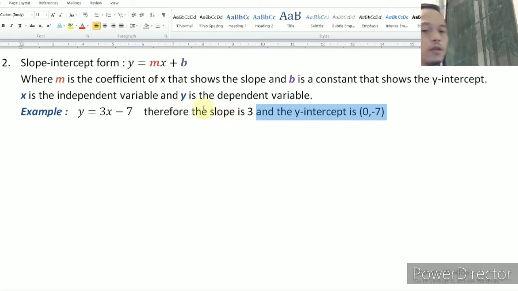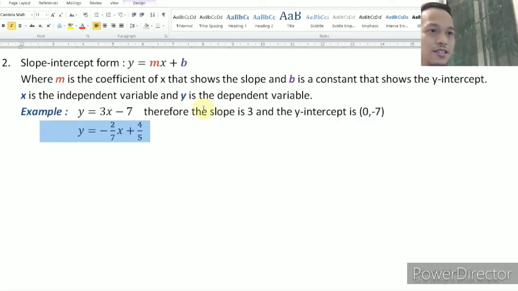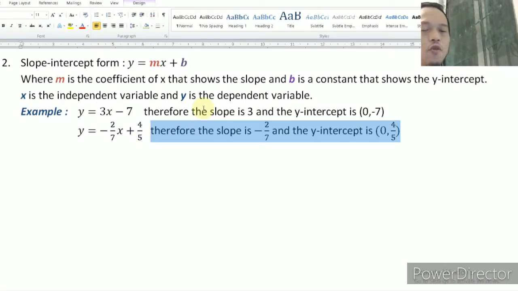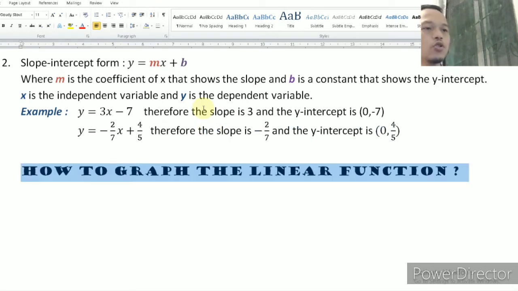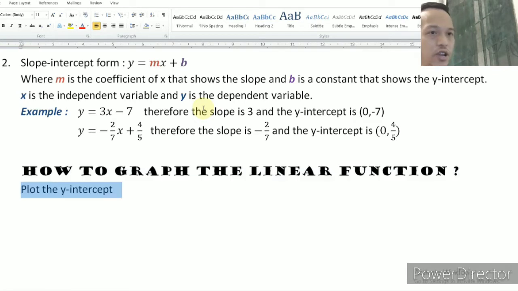For another example, if I give you this equation in the same form, you can figure out that the slope is negative 2 over 7 and the y-intercept is 0, 4 over 5. The first thing that we will discuss about this form is how to graph the linear function, if you are given this kind of equation.